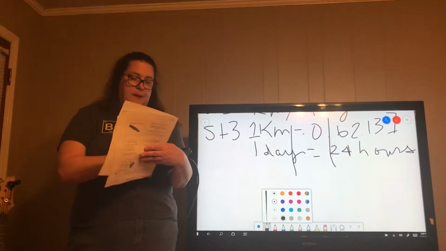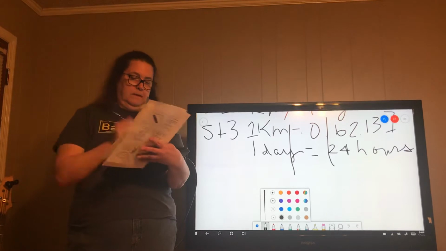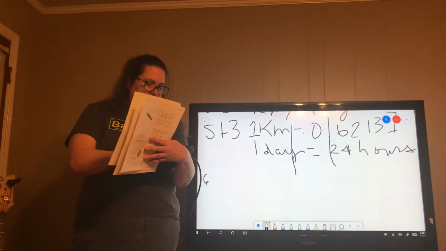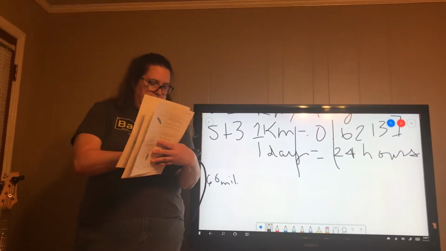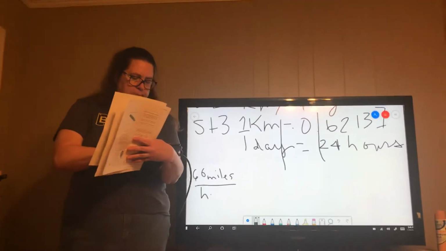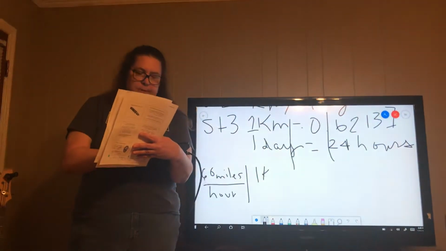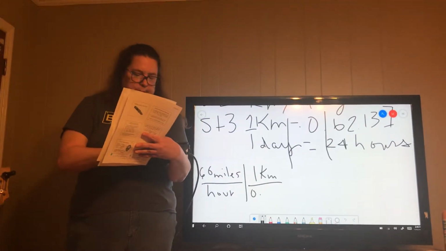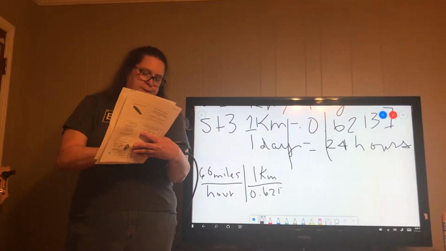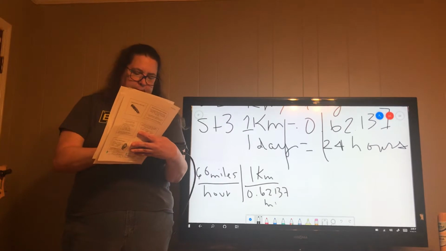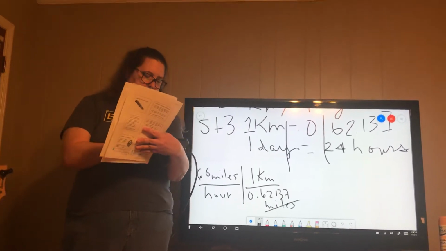So when I'm putting it into the formula here, we start off with 60 miles per hour. Okay. And 1 kilometer equals 0.62137 miles. So that crosses out the miles.